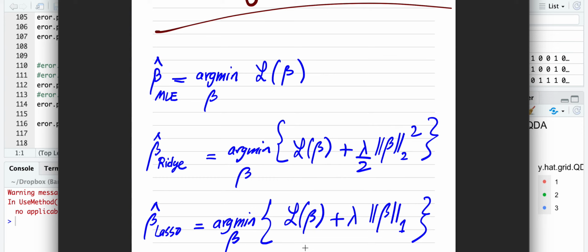On the other hand, if lambda becomes large, the importance of these two terms becomes more prominent. And when that happens, we want to find betas which don't have a large L1 norm or L2 norm, and that will give us simpler models.